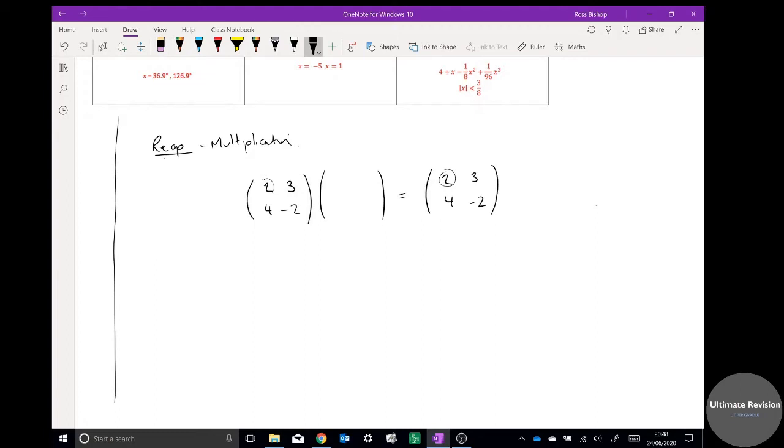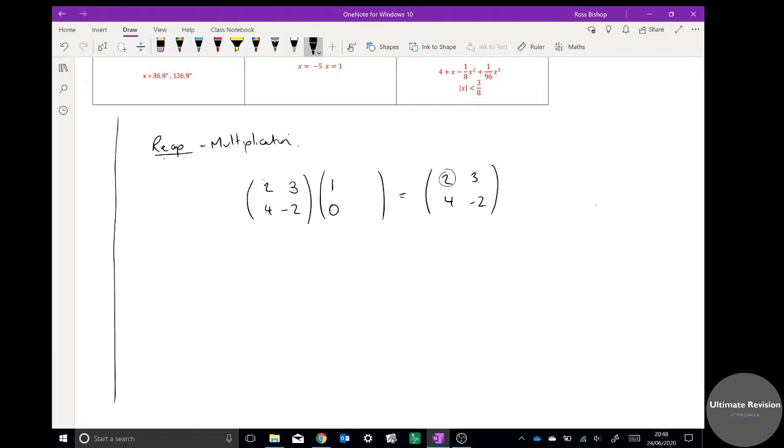Remember we want the 2 to correspond to the 2, so it's going to be 2 times something plus 3 times something, and hopefully you'll see that in order for that to give me 2, this value's got to be 1 and that's got to be 0, because then 2 times 1 is 2 plus 3 times 0 gives me 2.